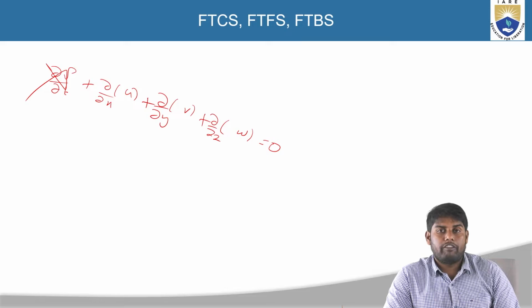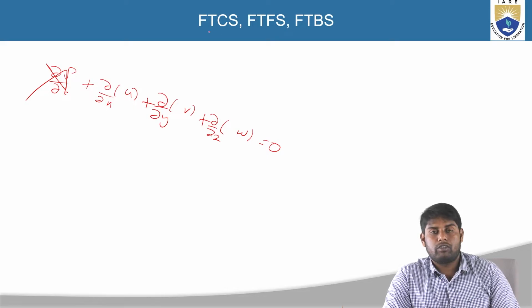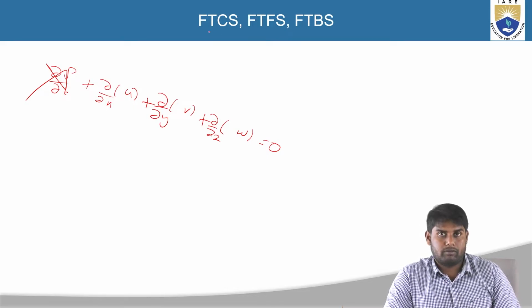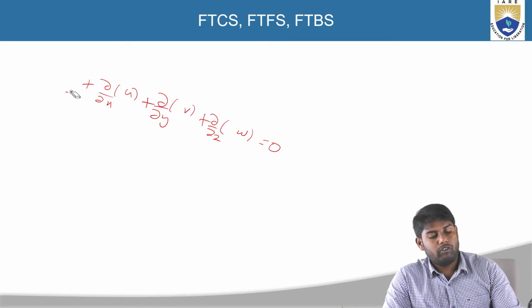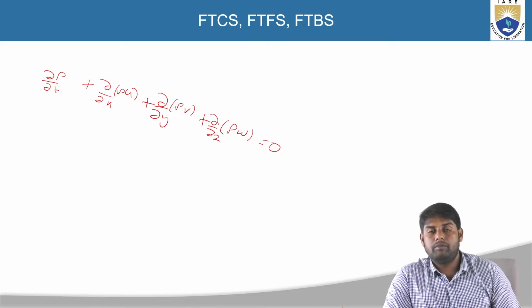So this is what we have. But here you can see FT, which is nothing but forward in time. So we need to see what the approach is for the unsteady equations. Fine. So now we have to use density terms.